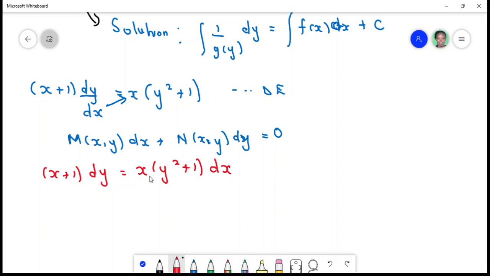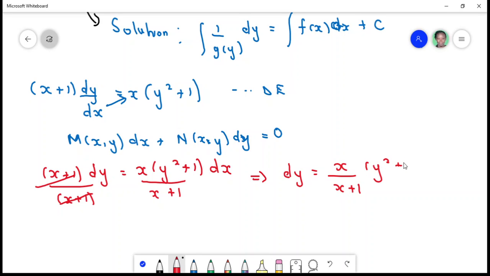The x we want to group with the dx, and the y we want to take to the dy. So I can divide through by x plus 1, and I have dy equal to x over (x plus 1) times (y squared plus 1) dx. We still have y squared plus 1 on the x side, so we want to bring it over alongside the y.